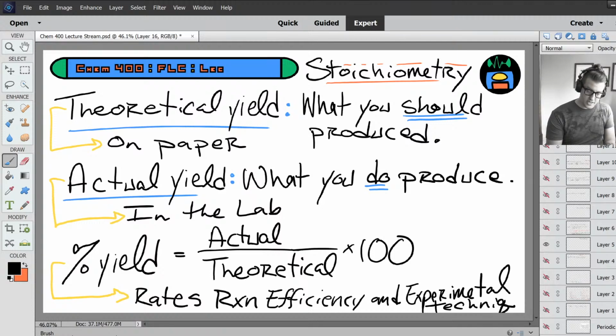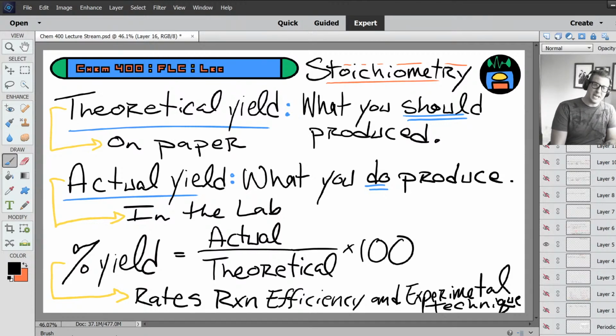There are two reasons why percent yields are low. One, it could be the reaction you're doing doesn't want to happen. It could be that your reactants decompose as fast as they do the productive reaction, so you're losing a lot of material to side reactions. Some reactions are just inefficient.